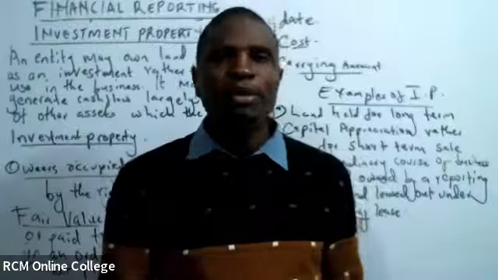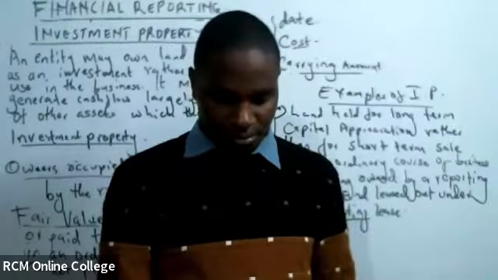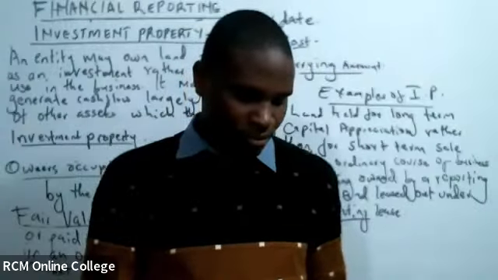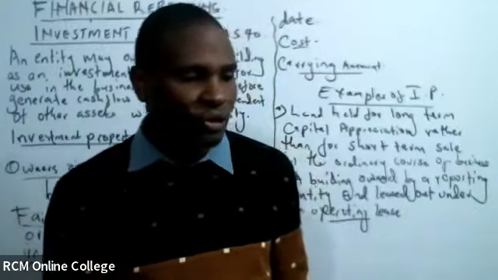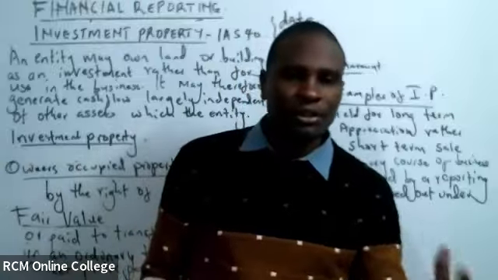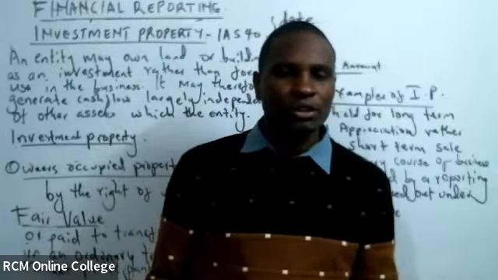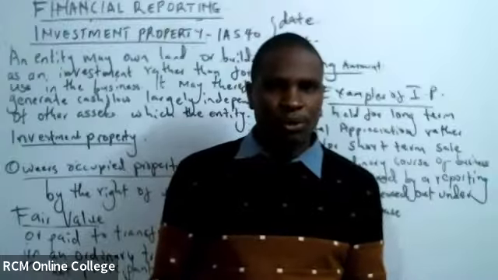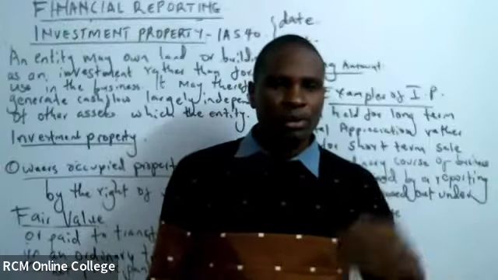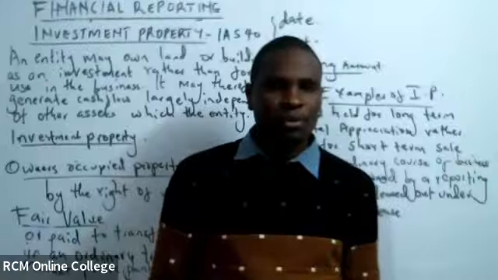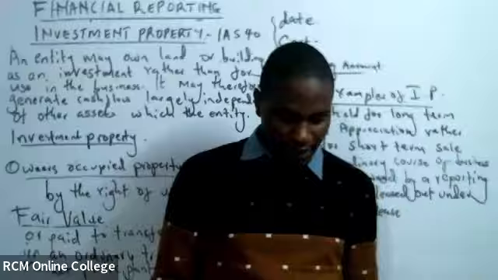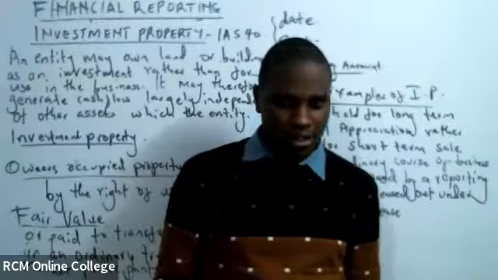For example, we have inventory, stock. Once we acquire stock, the main intention is to sell it so that we can get profit from it. Therefore, it is property intended for sale in the ordinary course of business.